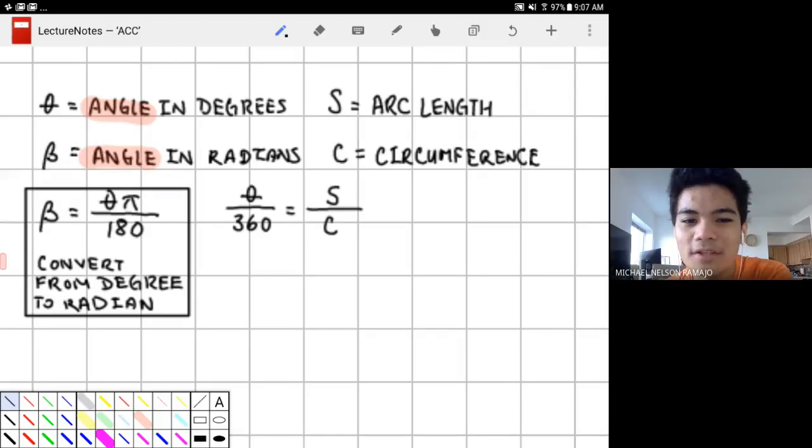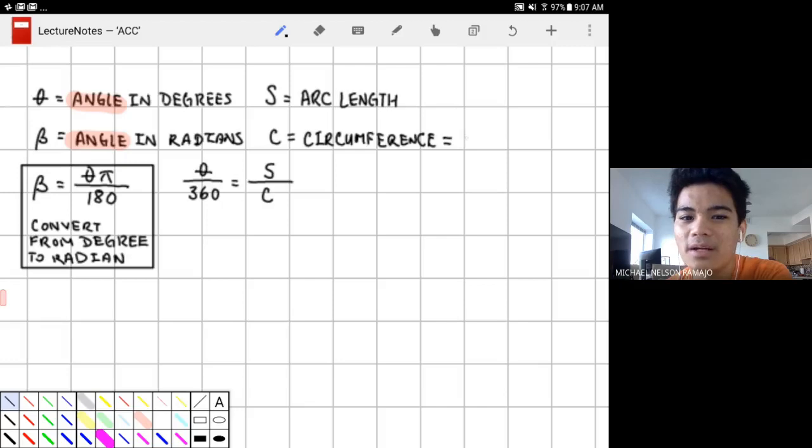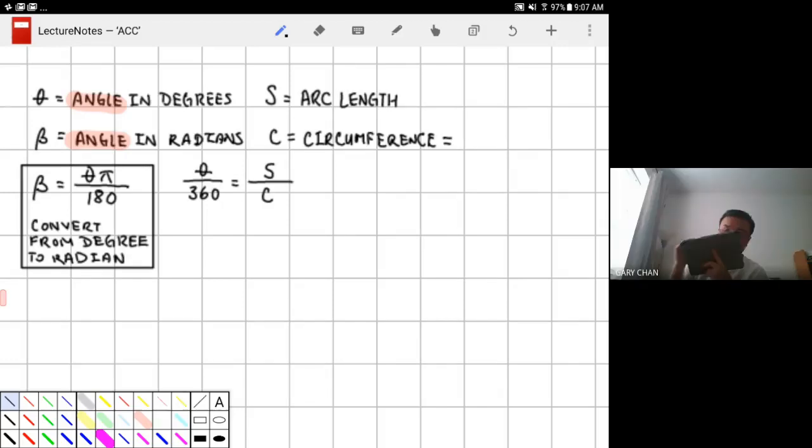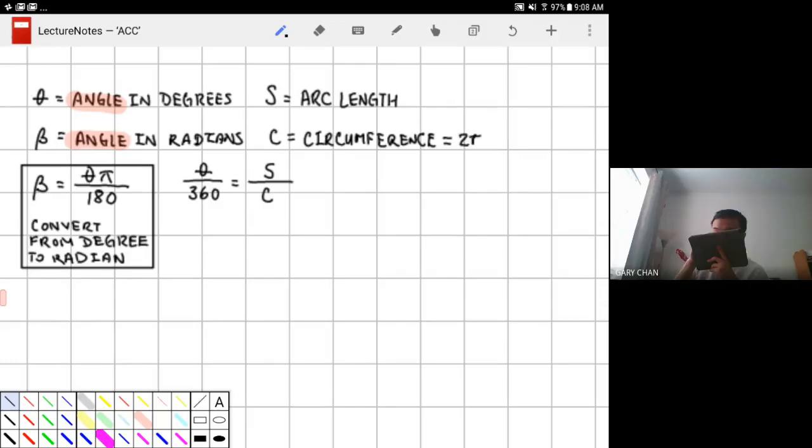How do you find the perimeter of a circle? 2 pi r. There you go. So the circumference is 2 pi r. So there is this proportion that we can set up. Theta over 360 is equal to the arc length over circumference.